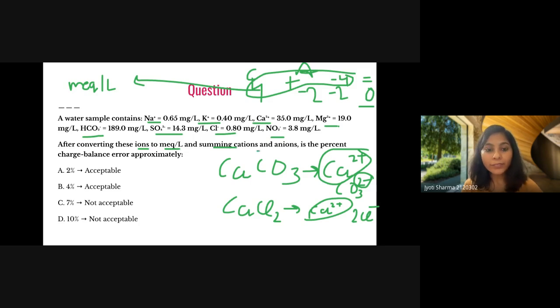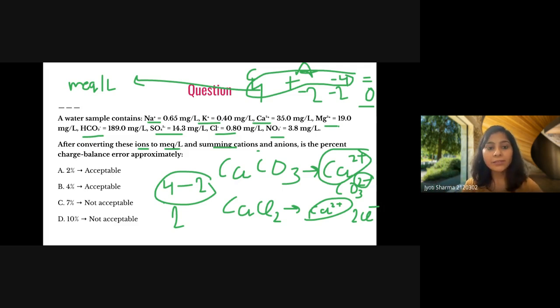Okay, for example, if we have 4 milli equivalent per liter of the cations and 2 milli equivalent per liter of anions, that means we will have the error of 2.